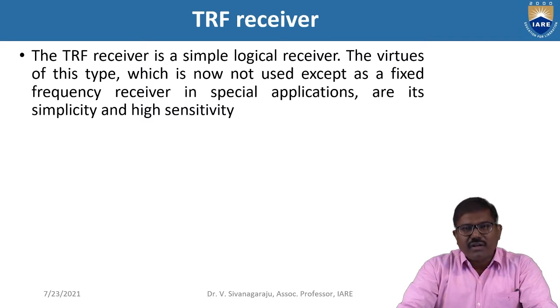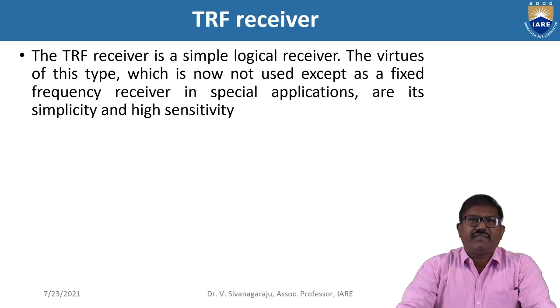The main advantage of this TRF receiver is its simplicity, having very few blocks, and its design is also simple. Another advantage is high sensitivity. This TRF receiver was used at the time of the Second World War, but presently we use super-heterodyne receivers.